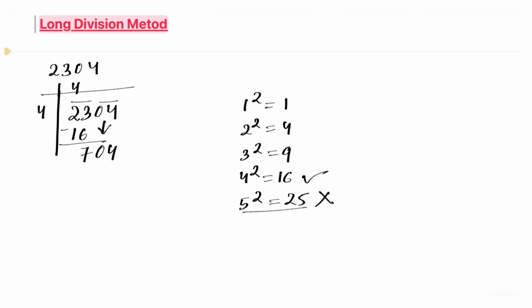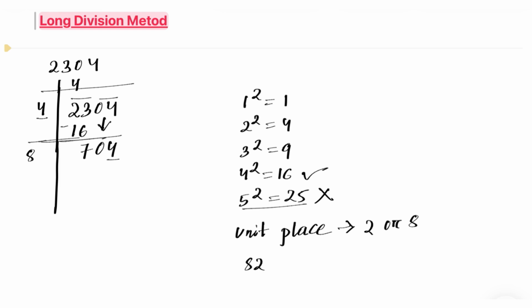The first digit of our divisor is double of the previous divisor. So double of 4 is 8. So the first digit of our divisor is 8. Then we will find out the next digit of the divisor. You can observe here the dividend ends with 4. So its square root should end with 2 or 8.